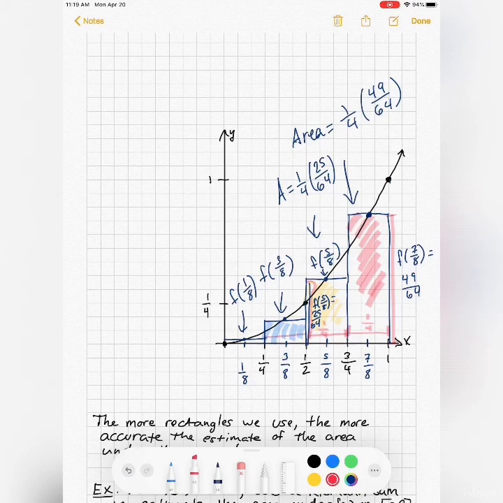The base is a quarter. The area is going to be the base times the height. So it was f of 3/8, it was 9/64.